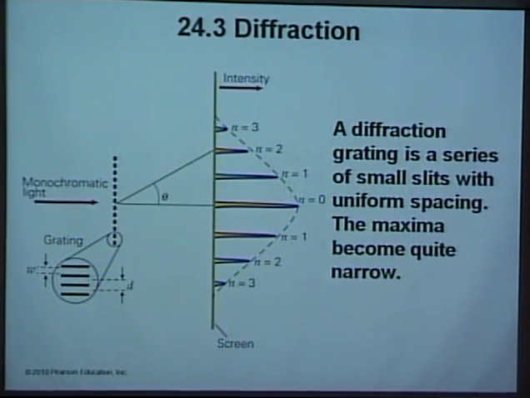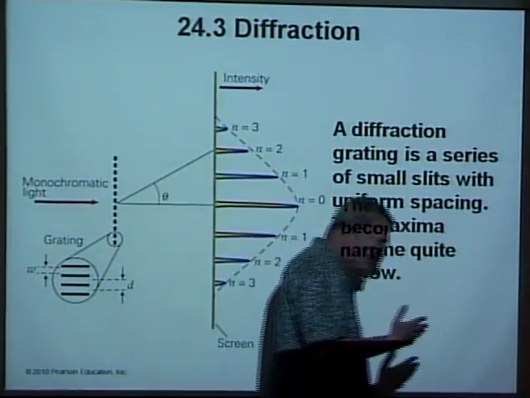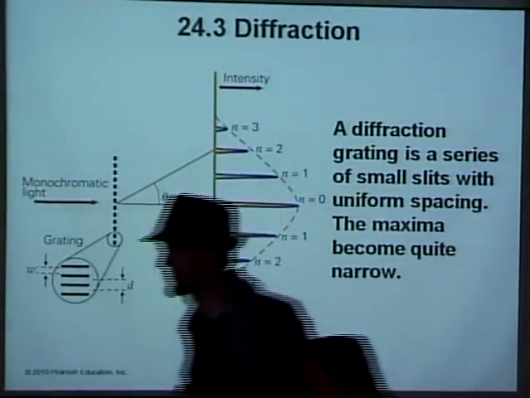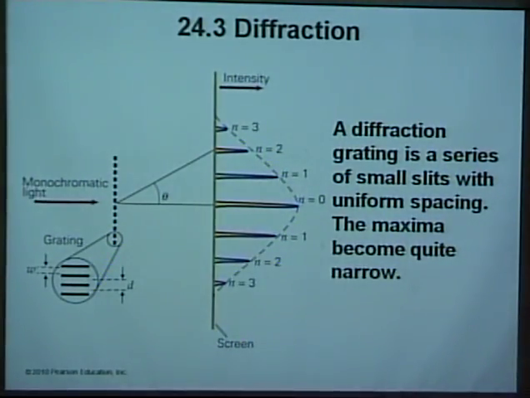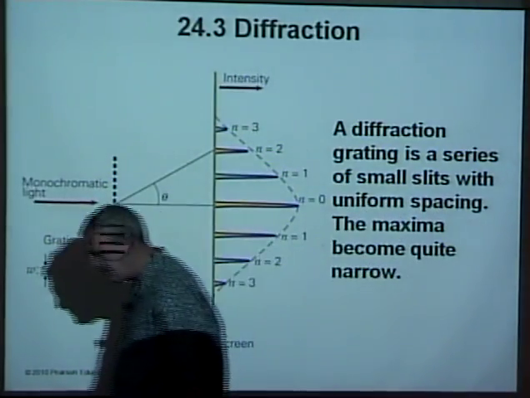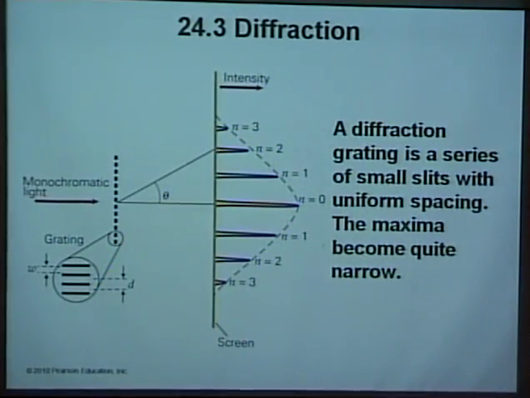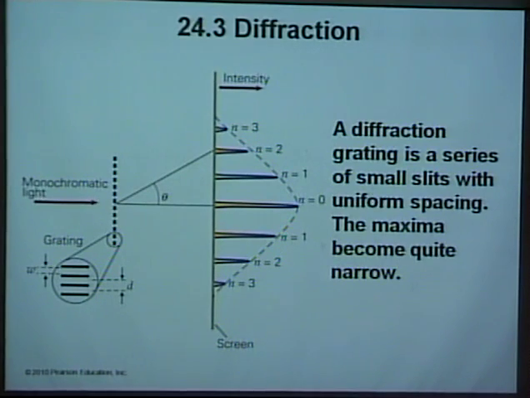Now, a diffraction grating is a series of small slits with a uniform spacing. Basically, it's like a CD player, but remember that's a reflection type grating. But we use diffraction grating. One of the things we use diffraction grating for is in spectroscopy, because it breaks things down into its different orders.